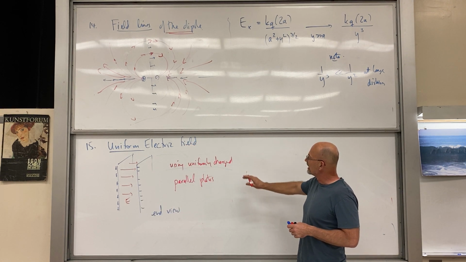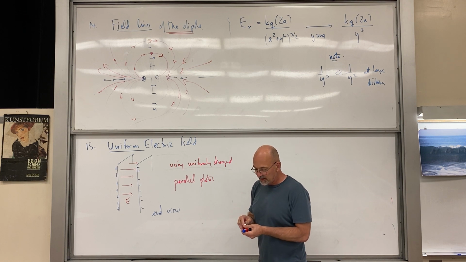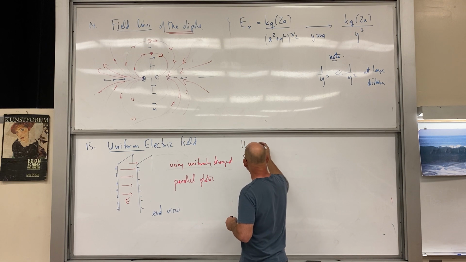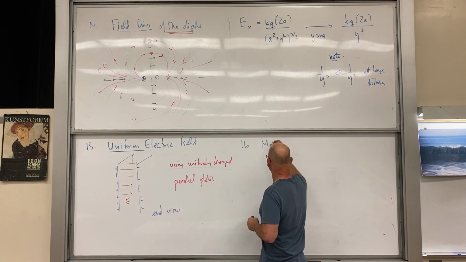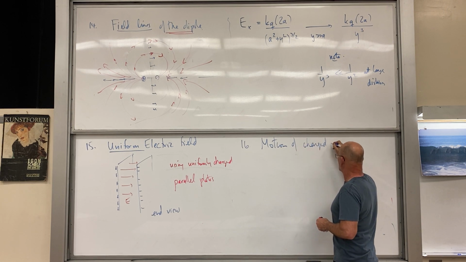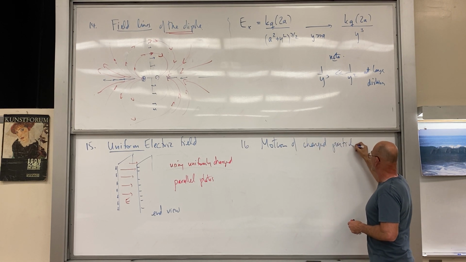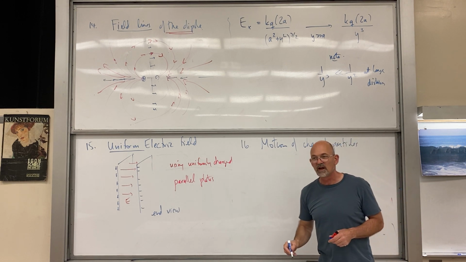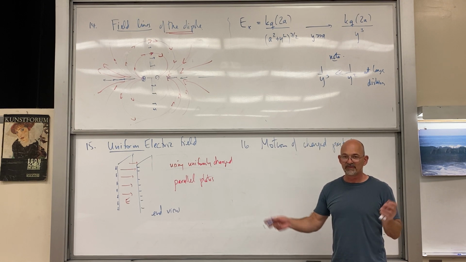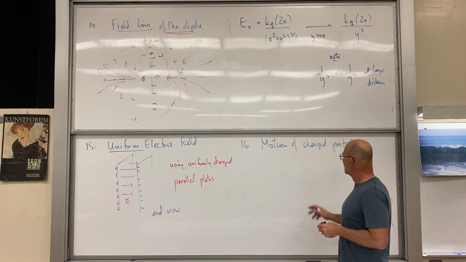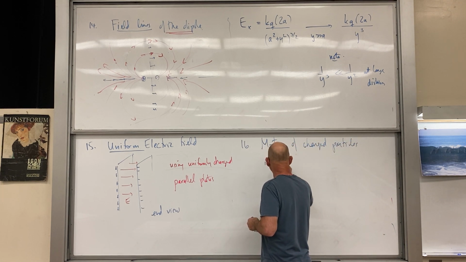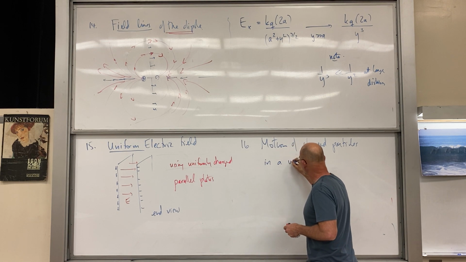So we get the uniform electric field, and then the next point is to talk about the motion of charged particles. Electrons, protons, but also, say, ions, positively and negatively charged ions. So the motion of charged particle in a uniform field is very basic.